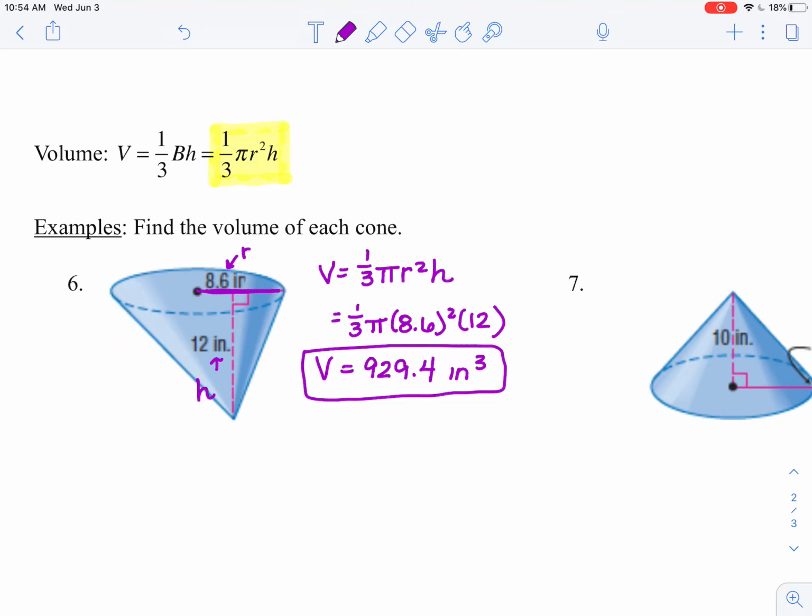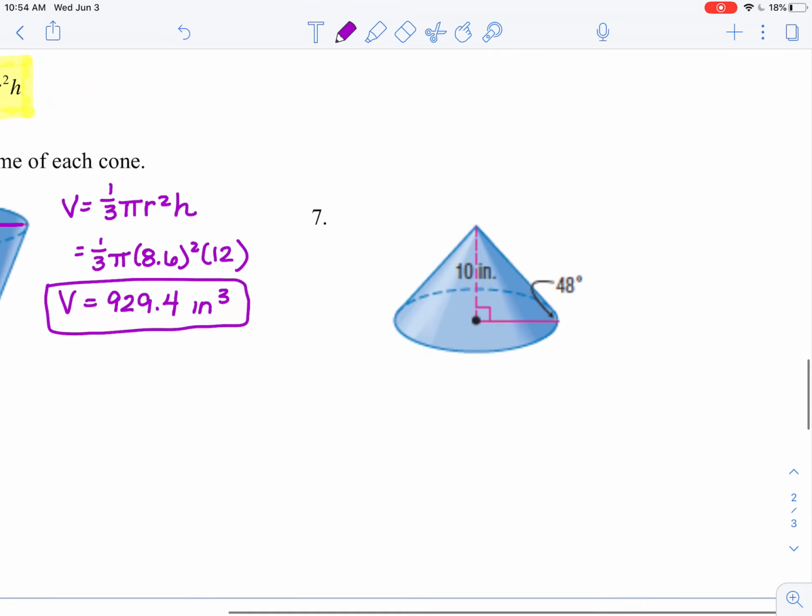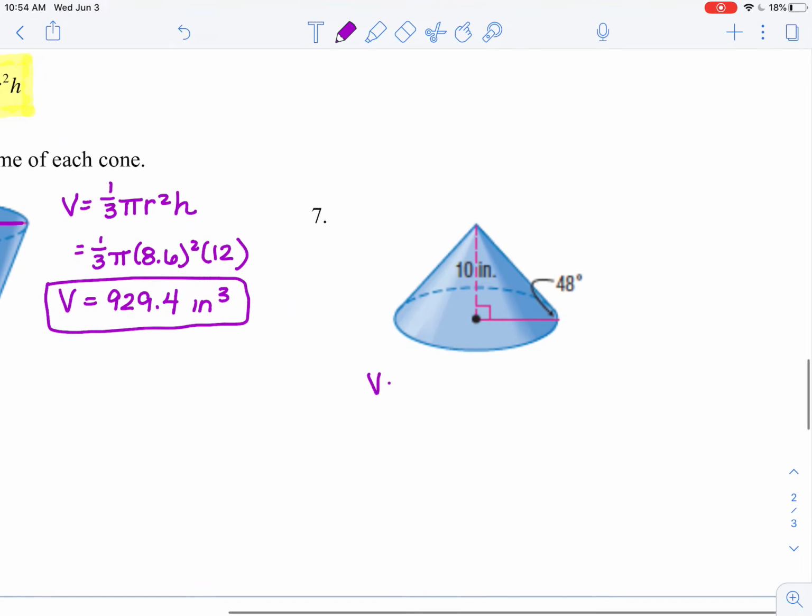And in our very last question, when you take a look at the cone here, again, we're going to be calculating volume. So our formula, volume equals 1/3 pi r squared h. In this picture, we have the typical height of 10 inches, but we don't have the radius.